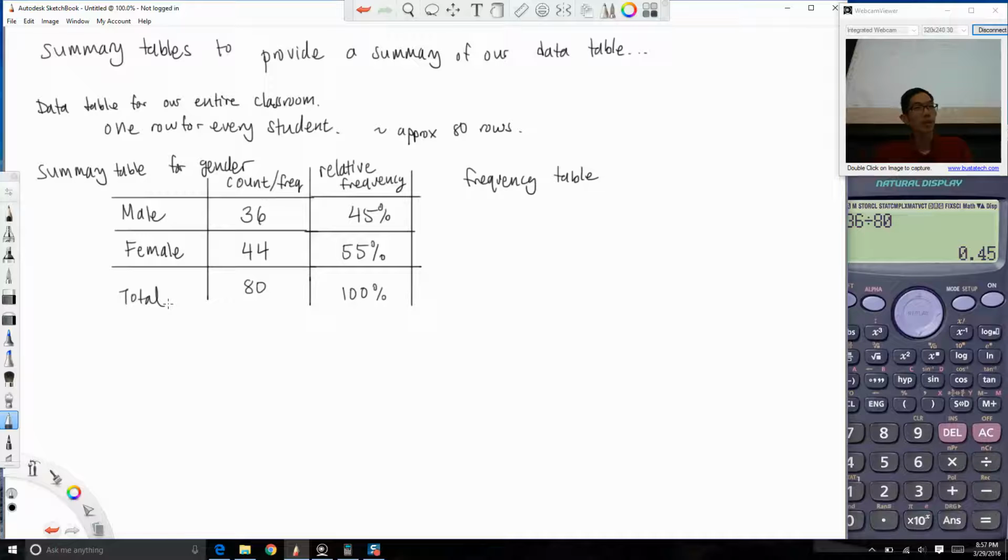Okay, so here's just a quick question. What kind of variable did we summarize here? Did we summarize a numeric variable or a categorical variable? Okay, we've summarized a categorical variable, okay? Because what's the variable that we're looking at? Gender, okay? Male or female, that's a category. So we have summarized a categorical variable.